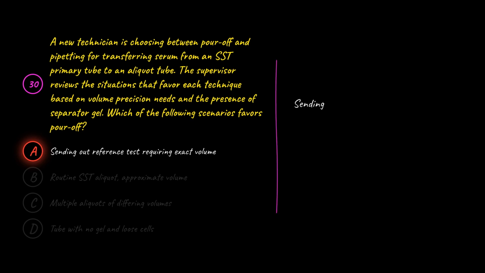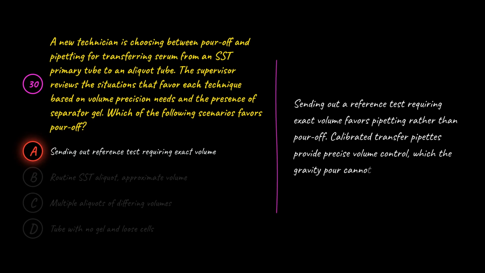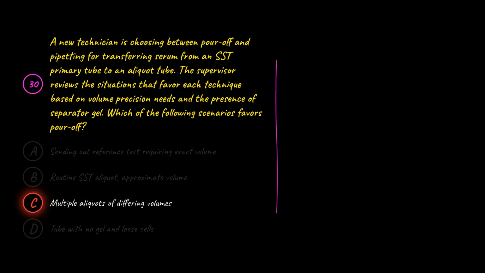A is wrong because sending out a reference test requiring exact volume favors pipetting rather than pour-off. Calibrated transfer pipettes provide precise volume control, which the gravity pour cannot match reliably. C is wrong because multiple aliquots of differing volumes favor pipetting because each volume can be precisely measured.